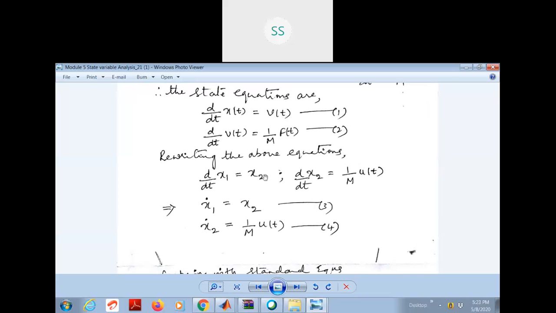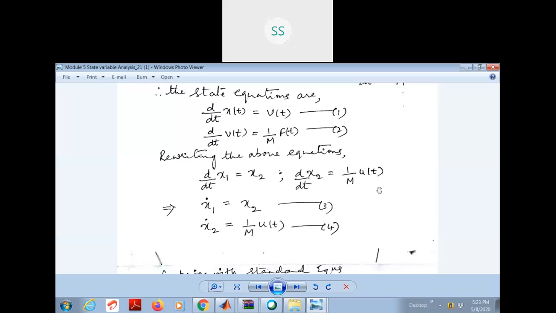So this is one equation. In the second equation also we will put the same terms. So d by dt of, instead of v of t, we will write x2. d by dt of x2 equals 1 by m into f of t, but f is nothing but u of t.